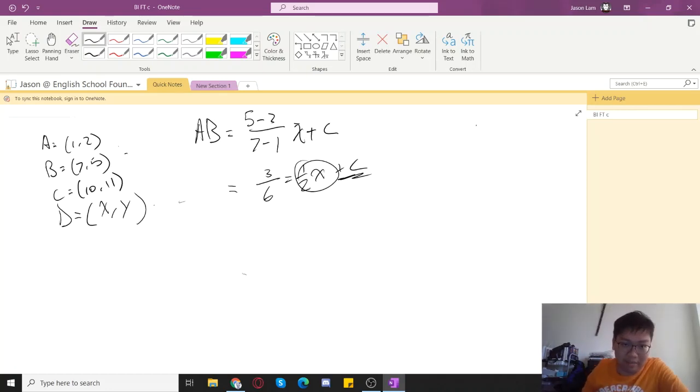When you're stuck in an exam like this, the best thing you can do is play around with the numbers, and they should start to make sense eventually. Let me think. Let's find AC, I guess, in order to find the gradient of BD.